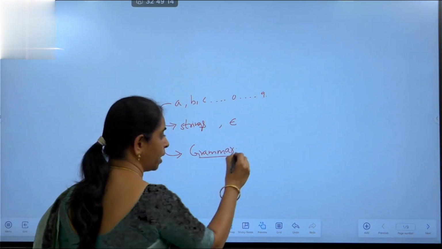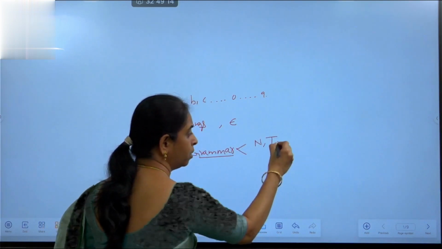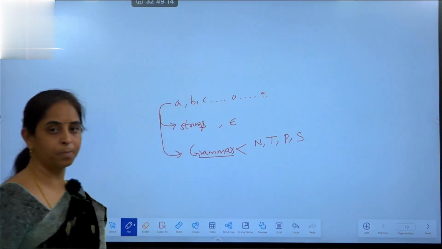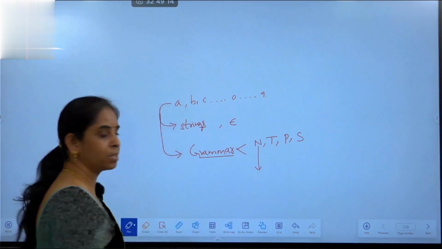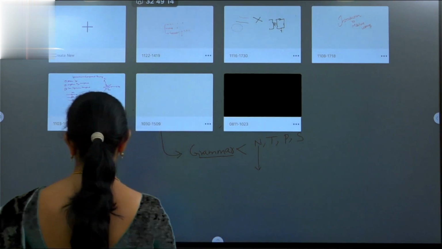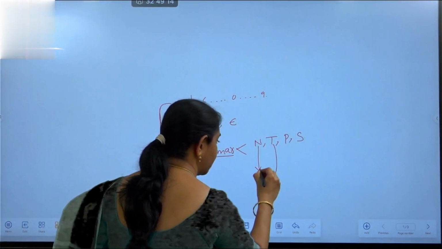Coming to grammars, we have non-terminals, terminals, production rules, and a start symbol. Non-terminals generate strings by replacing them with terminals.